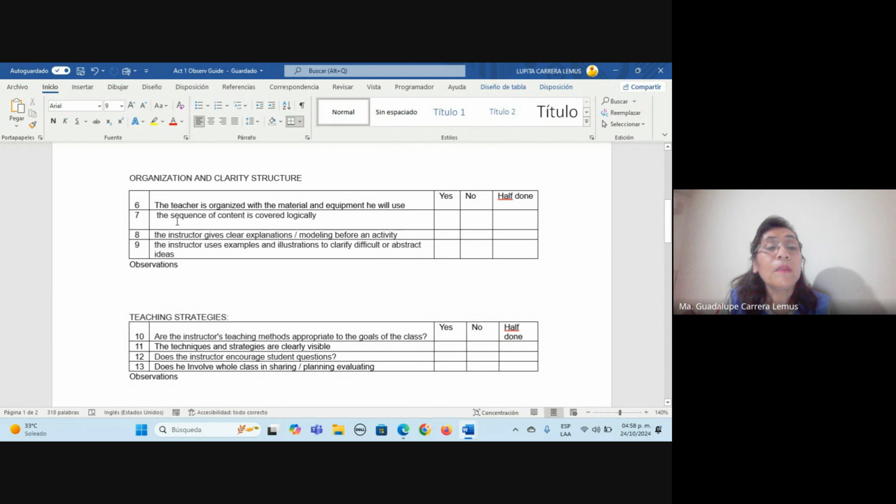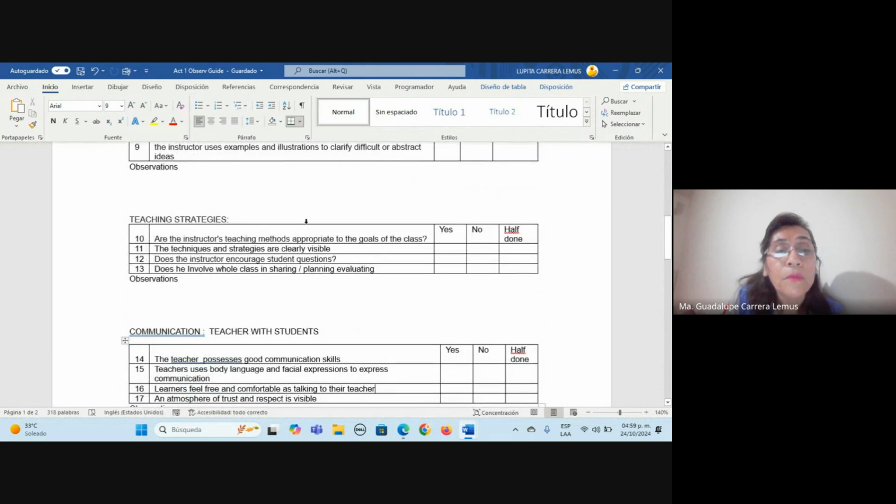So then we have if the sequence of content is followed logically, and that would mean about the curriculum. If the curriculum is followed in an order that is logical, based on grammar and vocabulary and context and everything. Also, if the instructor gives clear explanations with modeling if necessary before any task or activity.